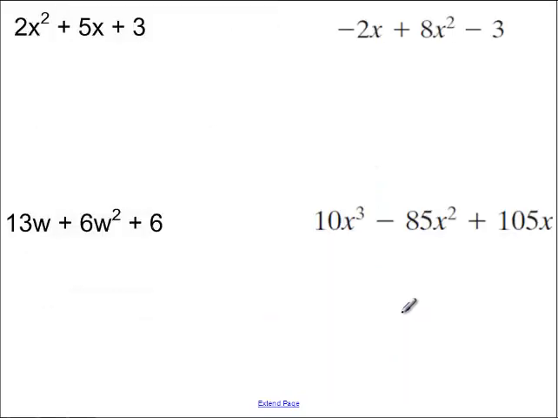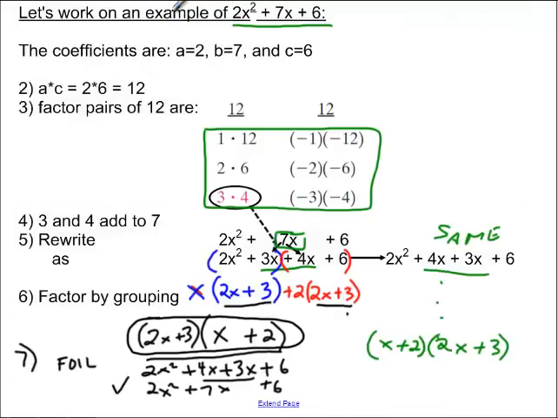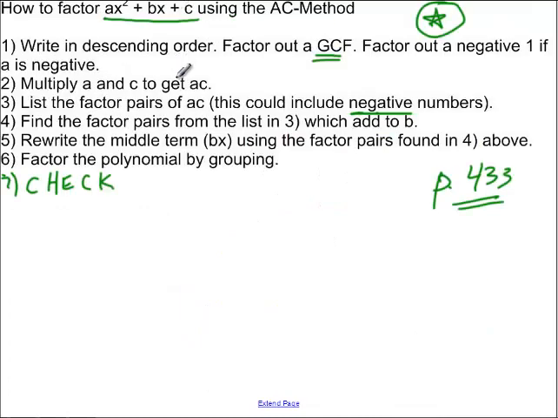All right, let's do one more example, and I'm going to say, please do yourselves a favor, pause the video, and for this one, let's use the AC method that we summarized before. Here's our AC method.